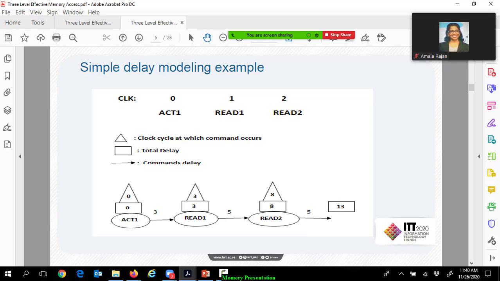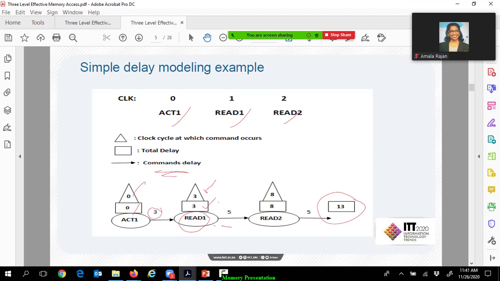Let me briefly and quickly explain the problem. There are certain commands like activate, read 1, read 2, and this is a simple chart showing how we get the output after how many clock cycles. Activation is at time 0, and there is a command delay to execute, so we have clock cycle 3 and the total delay is 3, and we do read 1.